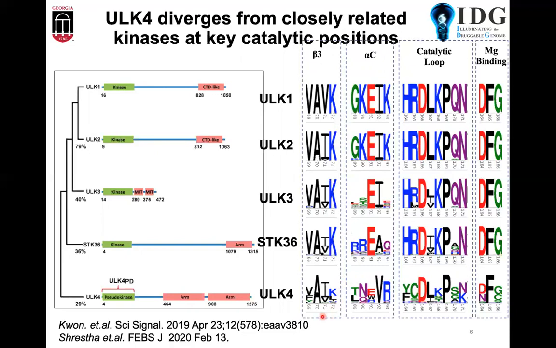But within human ULK4, that key catalytic lysine is significantly diverged in that it's replaced by a leucine. Likewise, this glutamate is also replaced by other hydrophobic amino acids, and you see divergence in other magnesium coordinating residues such as this DFG aspartate.